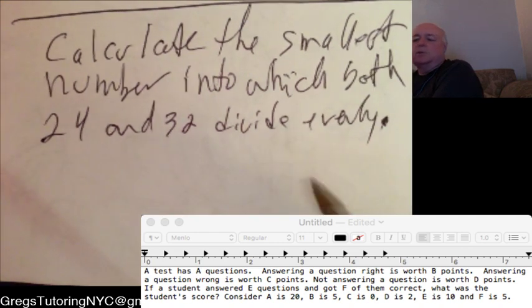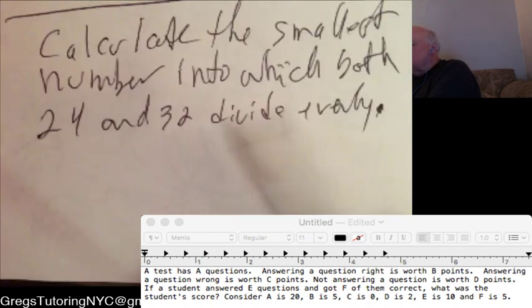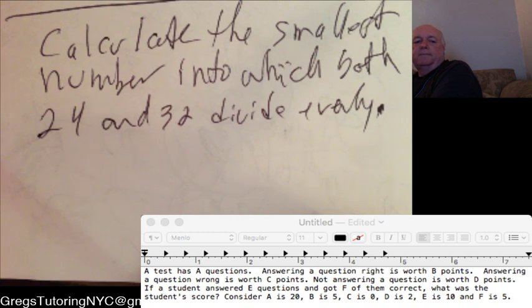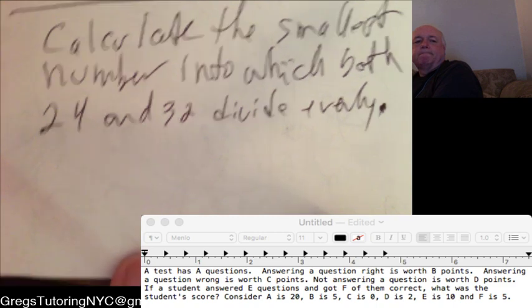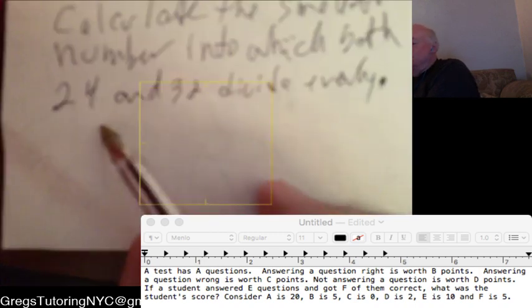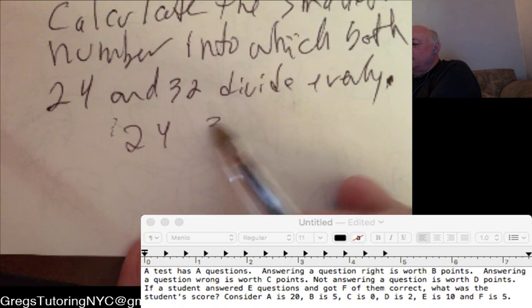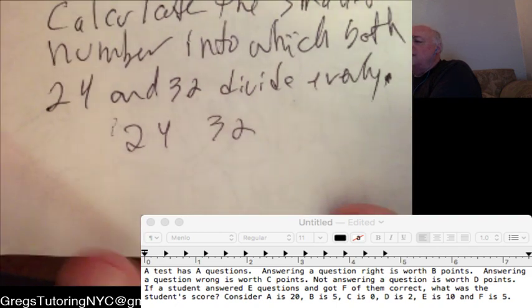In any event, so calculate the smallest number into which both these can divide evenly. So let me just use that same strategy so we get used to it. It's basically asking for a multiple here, a common multiple.